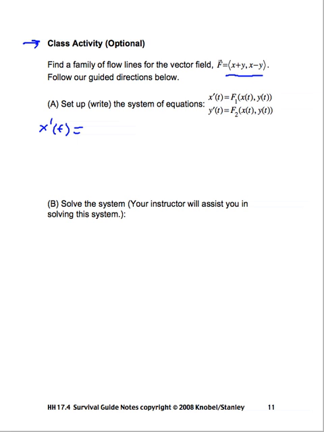Well, we don't know what those are, so all I can write is x of t plus y of t. That's the first component of f. x prime will be compared with the first component, y prime with the second component. And then y prime of t will be x of t minus y of t.